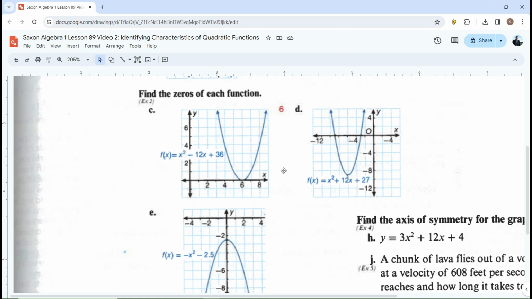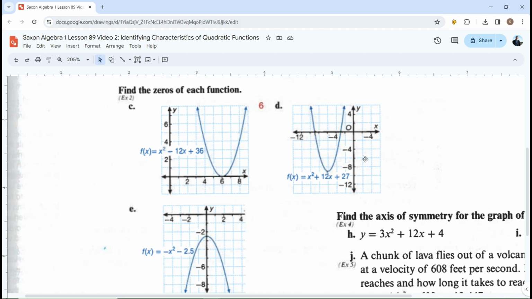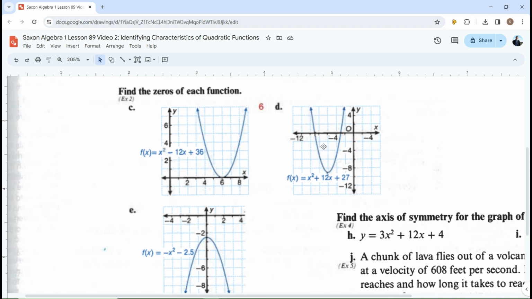All right. This one, I'm going to have to look at how this scale works here. 2, 4. Okay, so -2, -4. That means -3 is one of my zeros. -6, -8, -9 is my other zero. -3 and -9 are the two zeros for this one. Right?